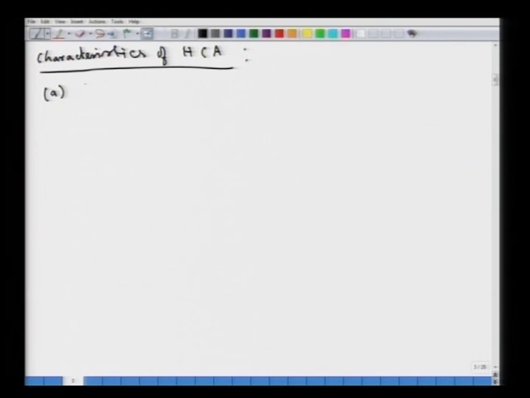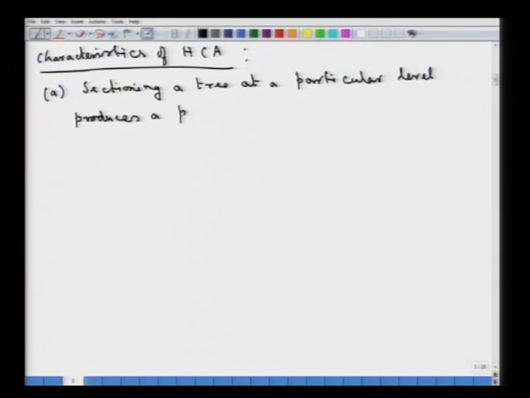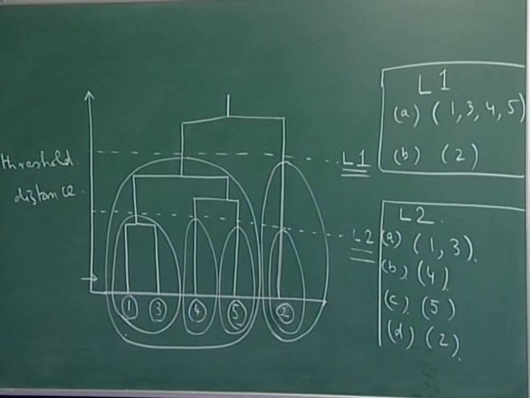Point number A is that sectioning a tree at a particular level produces a partition into G groups. G is the number that is related to the type of partitions that we are going to have there at a particular threshold distance level.